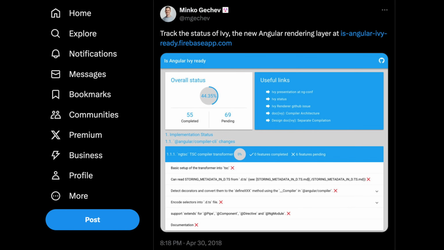Because it started off as a small project that grew in scope kind of inch by inch, I think there wasn't a lot of consensus on the team that it was the best thing that the team could be doing. Some people felt that it was too much of a lateral move. It certainly did have a lot of technological enhancements for the framework, which Miško in particular saw as necessary for Angular to be able to continue to evolve.